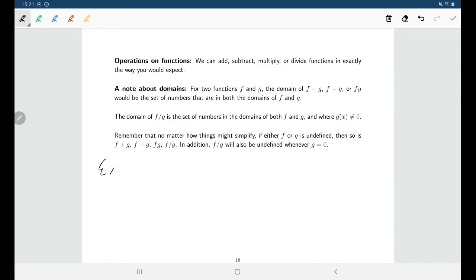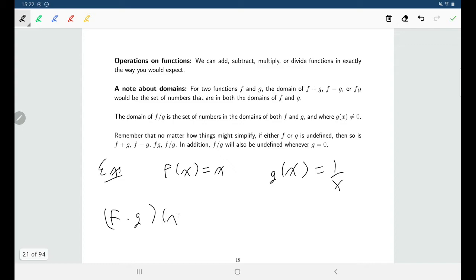So as an example of what I mean by that, if you're thinking about the two functions y equals x and y equals 1 over x, if I ask you to calculate f times g, that would be taking my function f of x and multiplying it by my function g of x, or getting x times 1 over x, and the x's cancel and give you just a nice little 1 as your result.